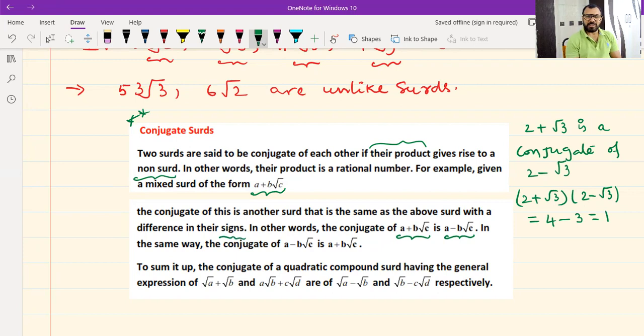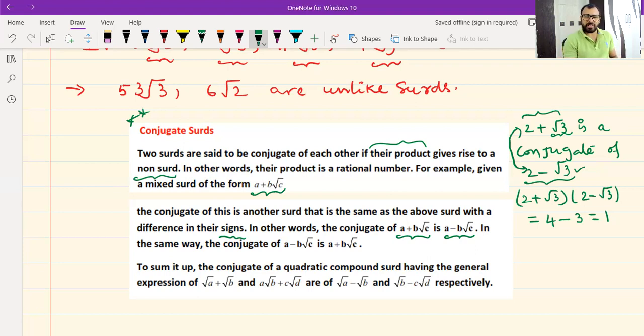In other words, the conjugate of a plus b root c is a minus b root c, but not minus a plus b root c. So the conjugate of 2 plus root 3 is 2 minus root 3. You have to change the sign here only, not before the rational number. The rational number will always remain the same.